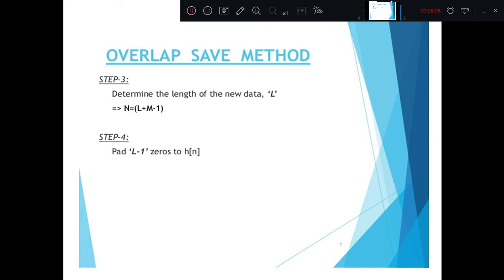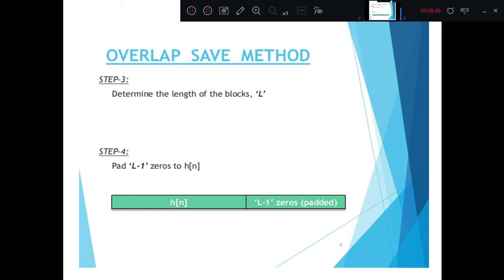So before you perform the circular convolution, the lengths of both sequences x of n as well as h of n should be the same, and for that you have to add L minus 1 zeros to h of n. So step 4 is very important. At the end of h of n, you have to add L minus 1 zeros.